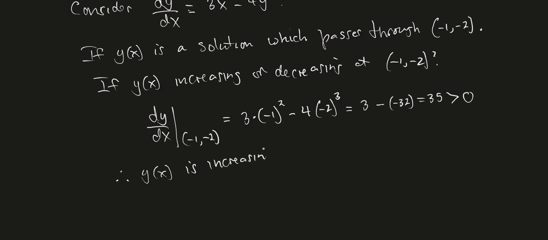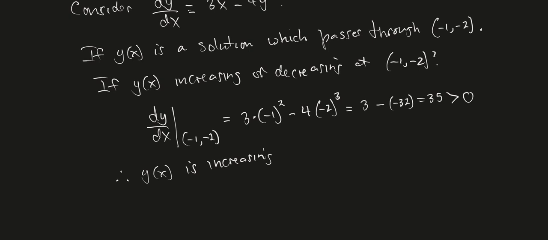Now remember, increasing and decreasing are referred to as local properties. So at a different point, if the same solution were to pass through a different point, it might not be increasing there, but these are what we call local properties. So at a specific point or over a certain interval.